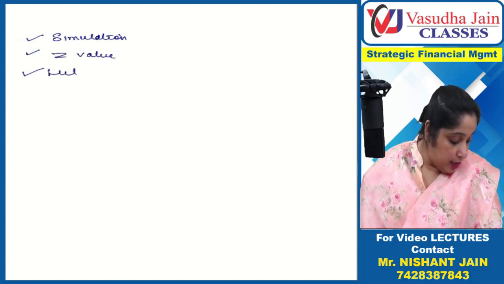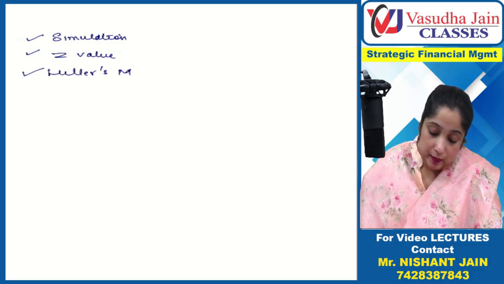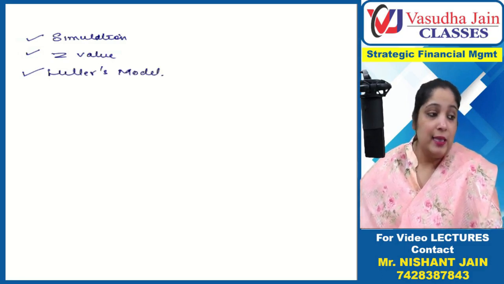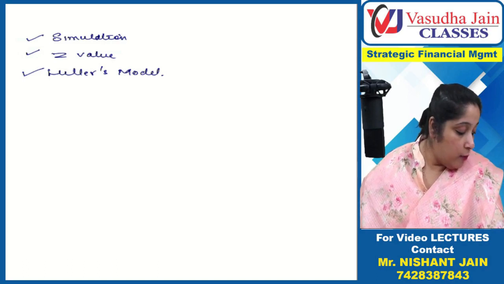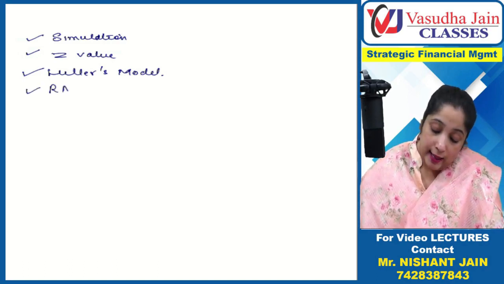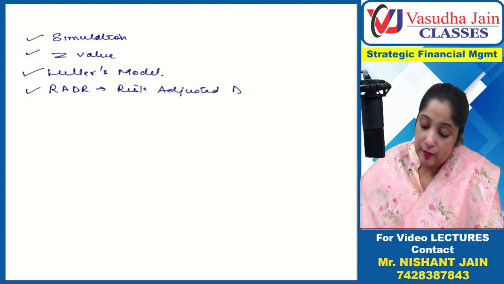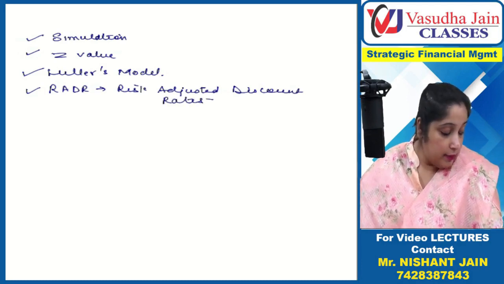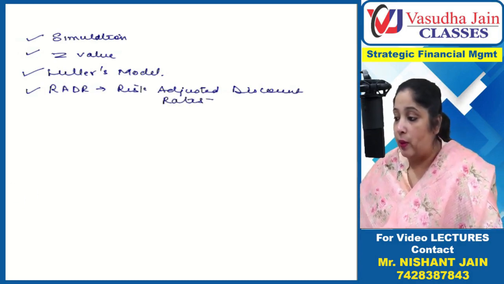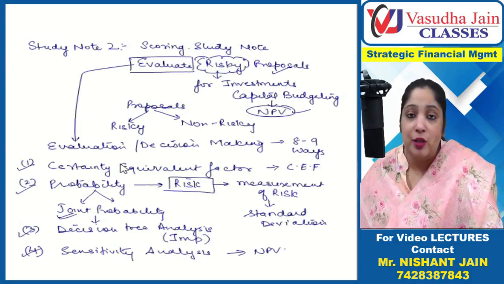Then we are going to do Hiller's model. So all these concepts we are going to do, hopefully, and yes, the RADR concept, that is risk adjusted discount rate. Certainty equivalent factor is one of the very important concepts through which we are going to start our chapter.